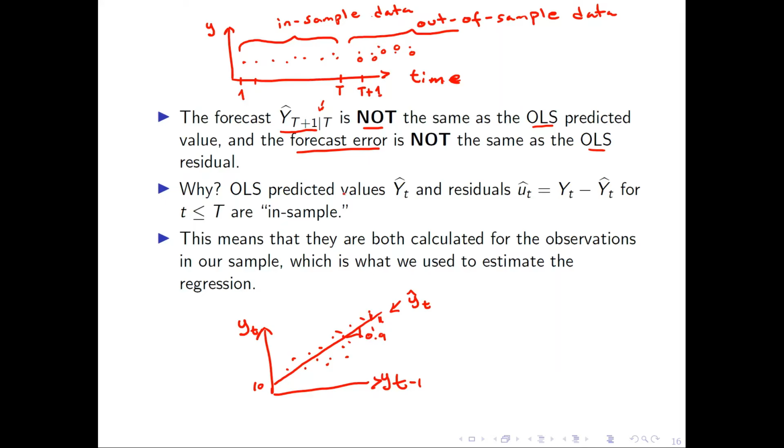So the forecast might be biased and have other problems, but this is one major difference between the OLS predicted value and the OLS residual, and the forecast errors and the point forecast.